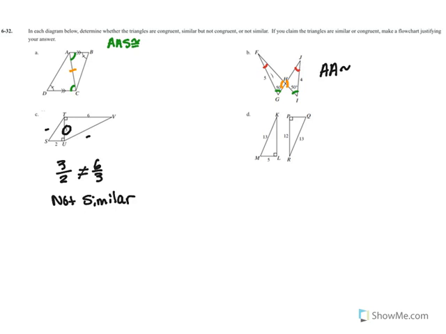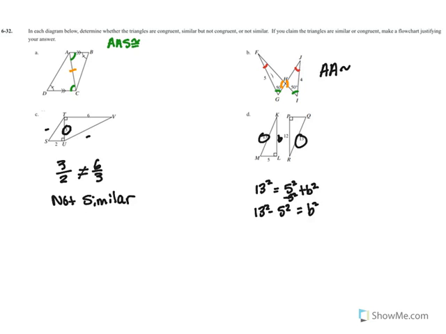The next one, we actually do have hypotenuse leg on this one, and I'm going to show you why. We have the hypotenuse, obviously. But then we can use the Pythagorean theorem to find these other ones. If you do 13 squared equals 5 squared, let's just name this b, plus b squared, you'd have 13 squared minus 5 squared equals b squared.